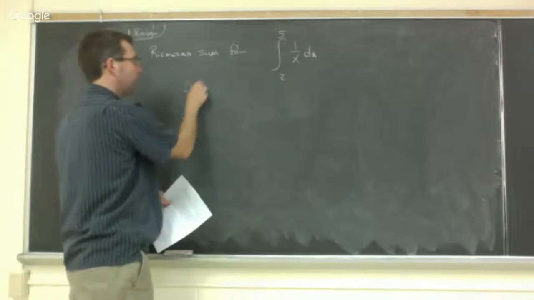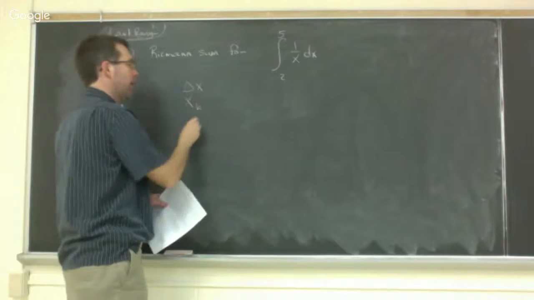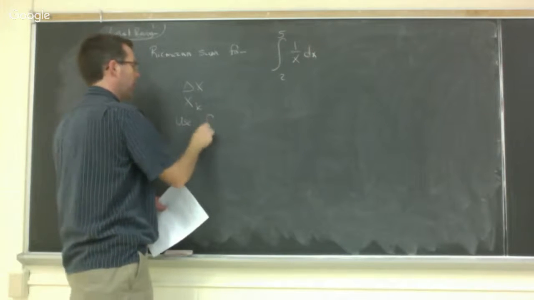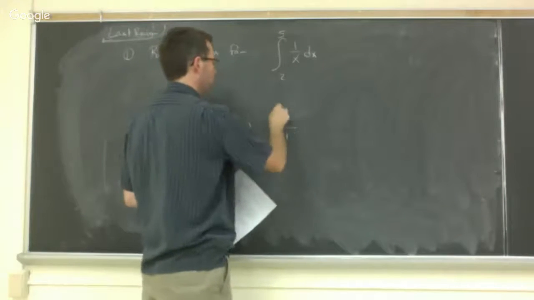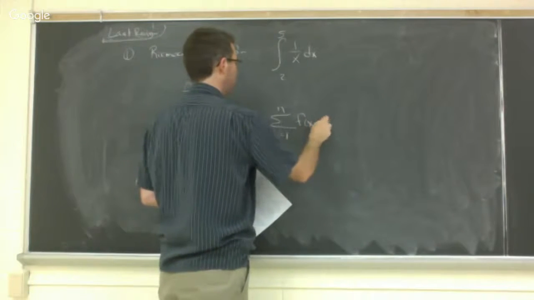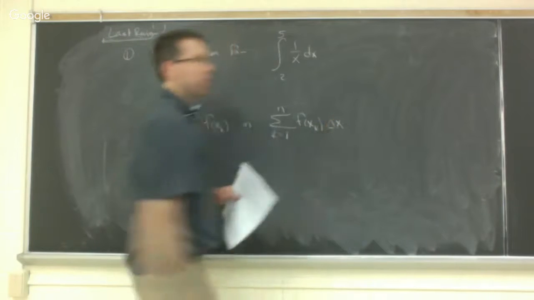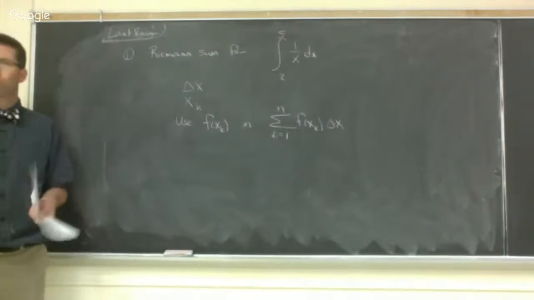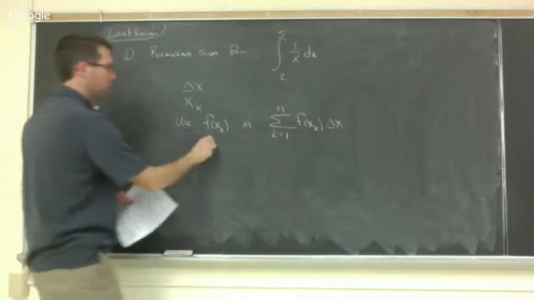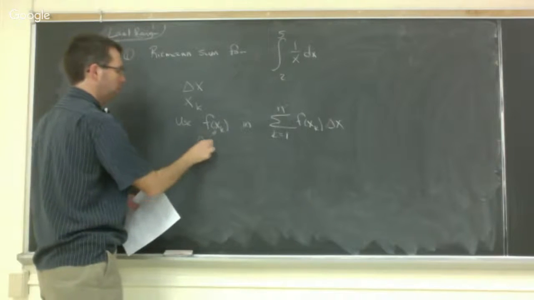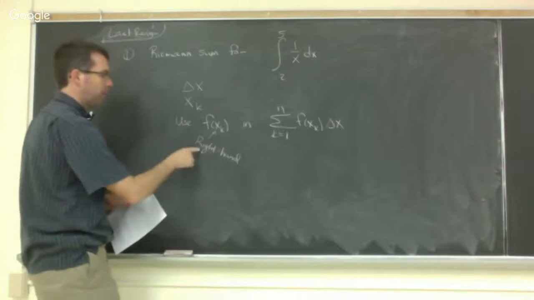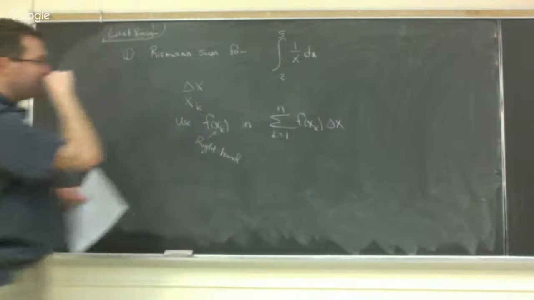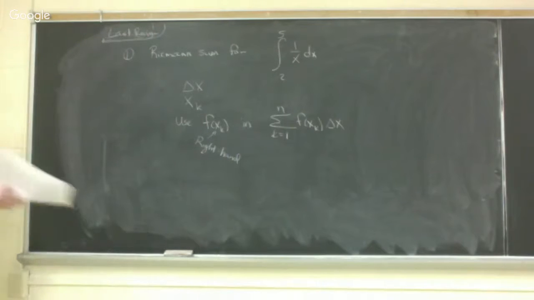You need to calculate delta x, you need to calculate xk, and then you need to use f of xk in the formula. Sum k goes from 1 to n, f of xk times delta x. So that's how these always work. This is the right-hand sum rule. And the only difference for the left-hand rule is you use xk minus 1. But most of the time, you might as well just plan on a right-hand rule for the problem.